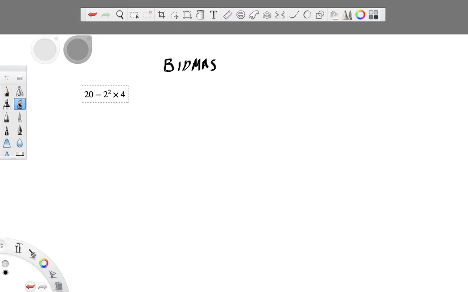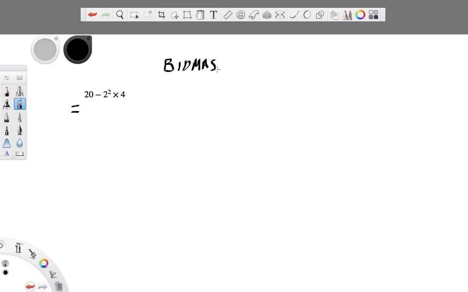Okay, so this is example 2, and the expression for this is 20 minus 2 squared times 4. So, again, we refer to BIDMAS. In every question where it's about order of operations and you've got multiple signs and there's squares or cubes or whatever, we always refer to BIDMAS.